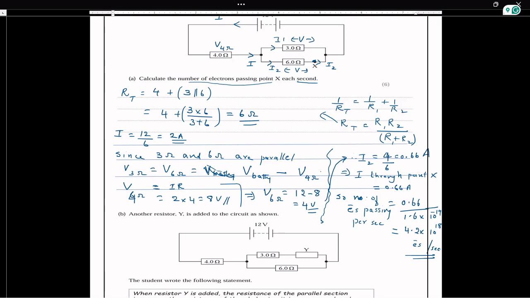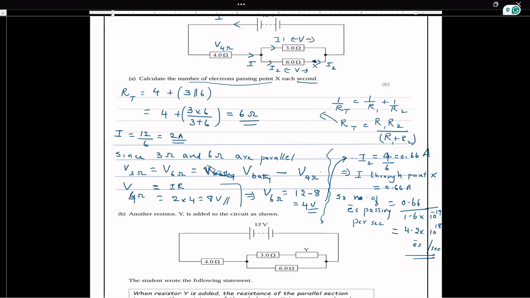Because here they are asking, what is the current? 0.66. That means 0.66 coulombs of charge flowing through that point. Therefore, we are finding how many electrons are there: total coulomb divided by the charge of one electron. So I through point x is 0.66, which means 0.66 coulomb per second. From that we know the total charge, and the charge of one electron we know.